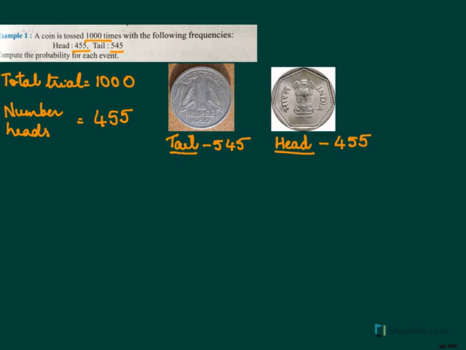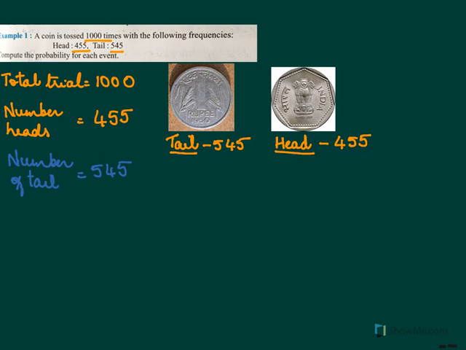And number of times that the tail came was 545. So if I want to find the probability of each event, what are the two events possible? Either head comes or the tail comes.